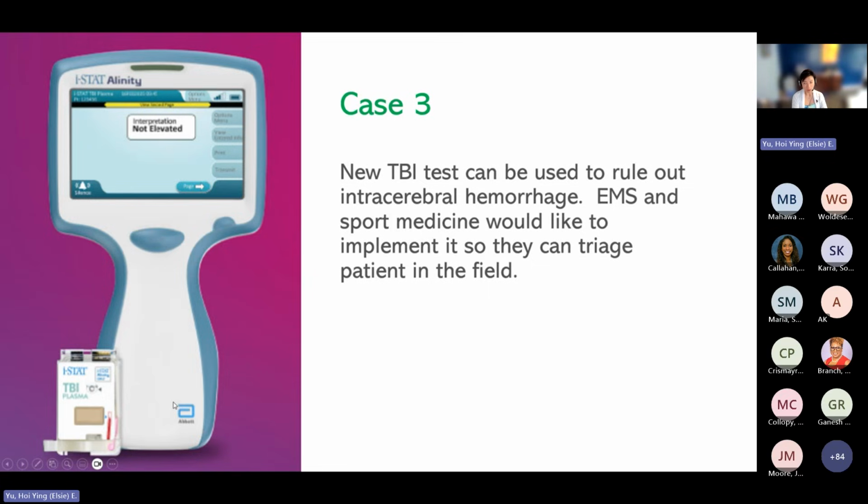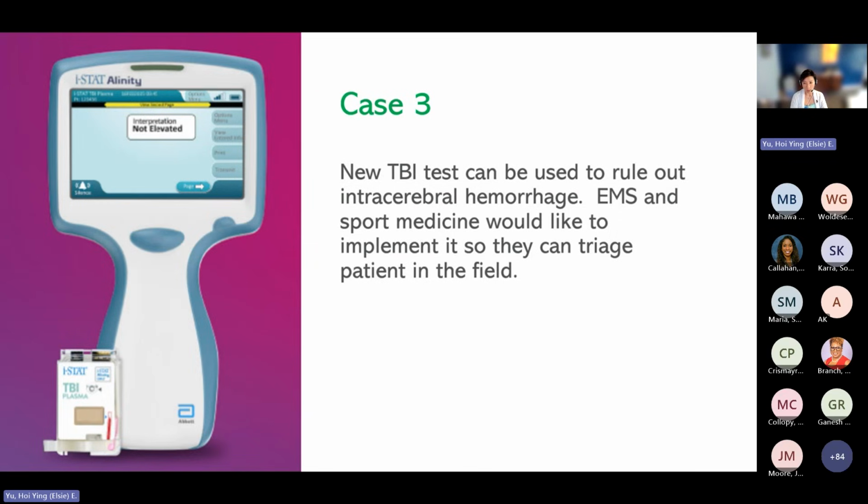Let's look at two more cases. Many of you may know that there's a new traumatic brain injury test that is available with iSTAT Alinity, which helps rule out intracerebral hemorrhage. So when our providers in EMS and sports medicine found out about it, they were very excited and wanted to implement it on the field so they can triage patients and save time by bringing the patients to the ED.